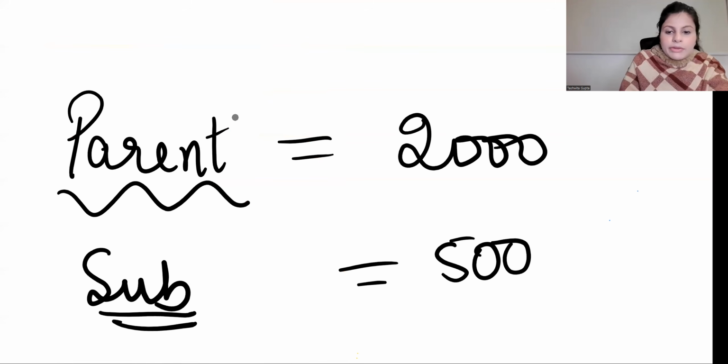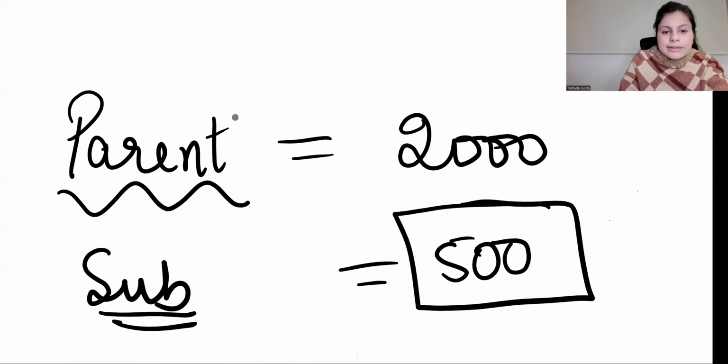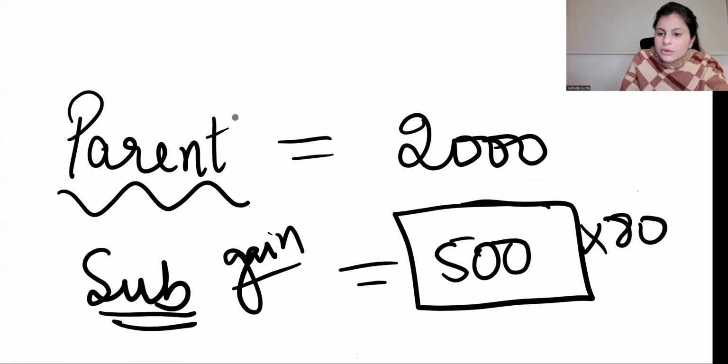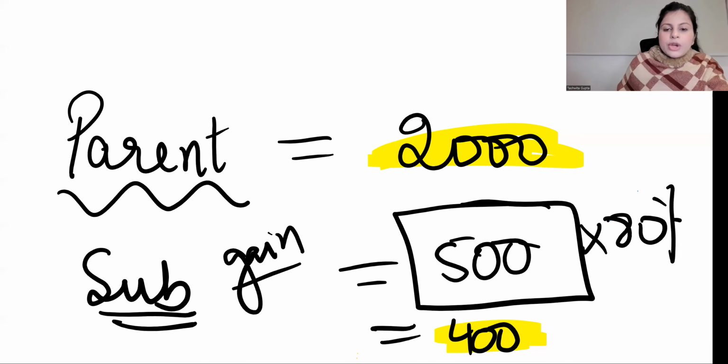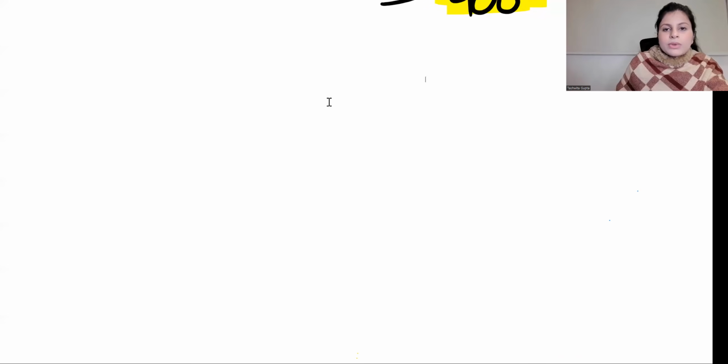So the parent will not have 100% share in this gain of the subsidiary. Parent will only have 80% share. So I did 80% of 500, which came out to be 400. So parent's gain 2000, subsidiary's gain 400. Total income in OCI is 2400.